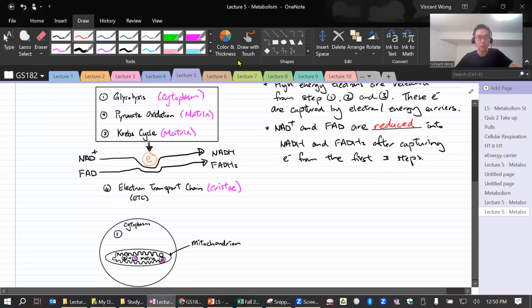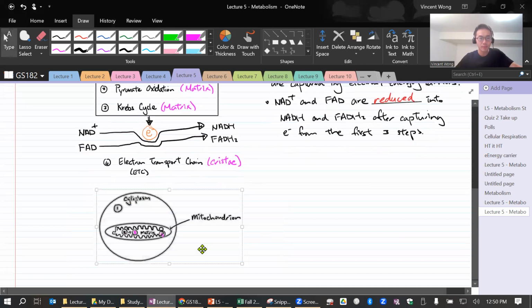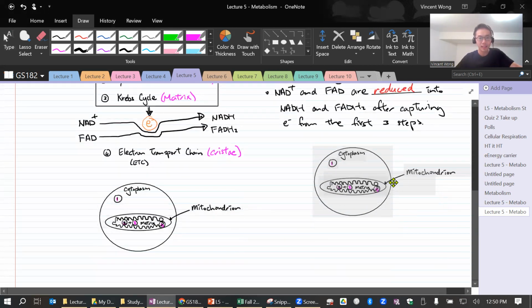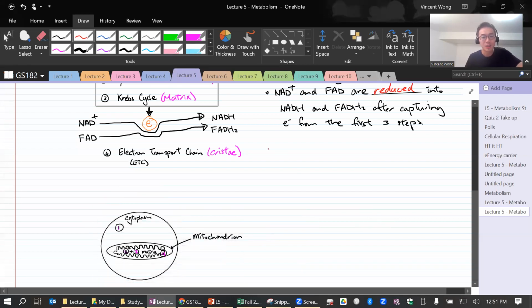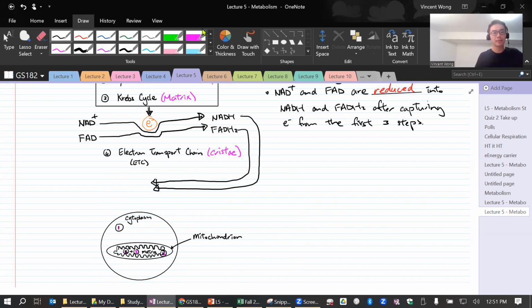So where will we take the electron? The NADH is going to drive the electron all the way to the ETC. Same thing for the FADH2. They will drive it to the ETC.